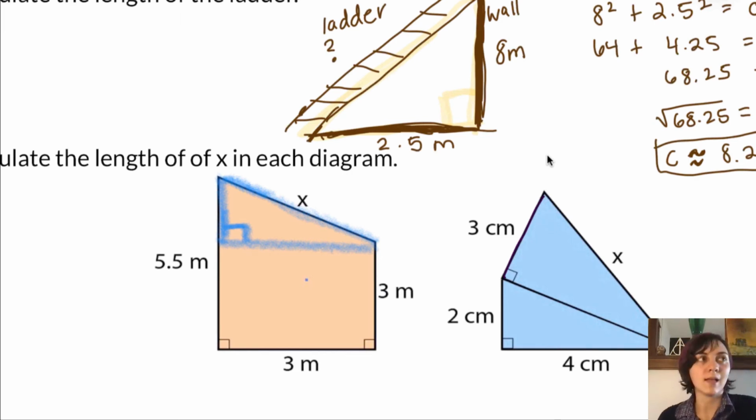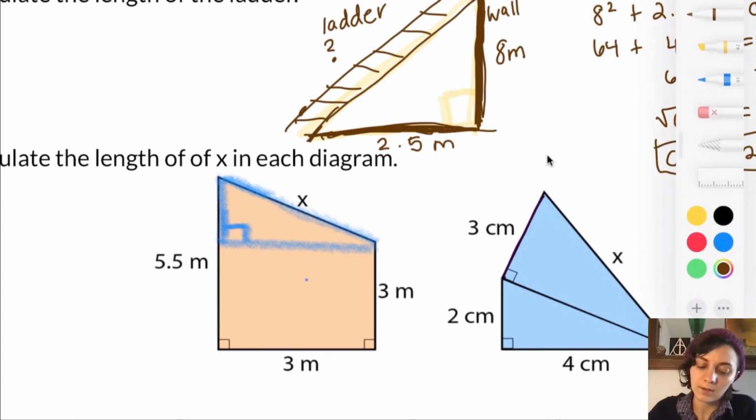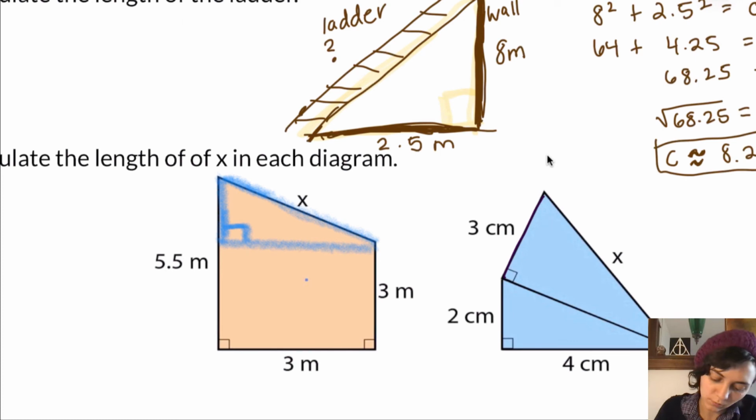And you might be like, well, that's not helpful. I don't know either of the sides. I need to know at least two of the sides in order to solve for x. We can figure it out, don't worry. So you see here, 3 meters down at the bottom. This length on the bottom is the same as this length right there. Those are equivalent. So I know this is 3 meters.